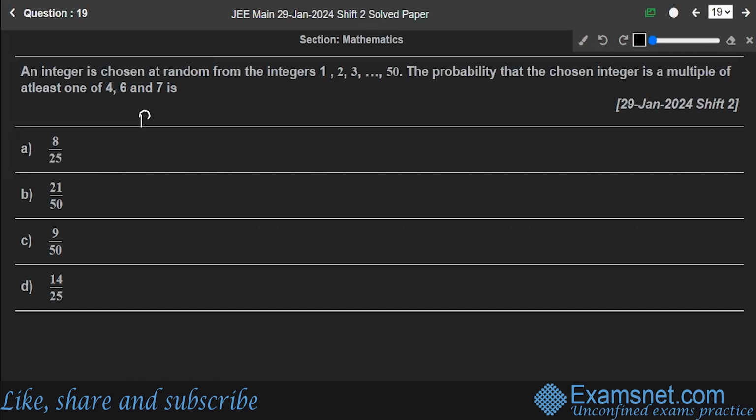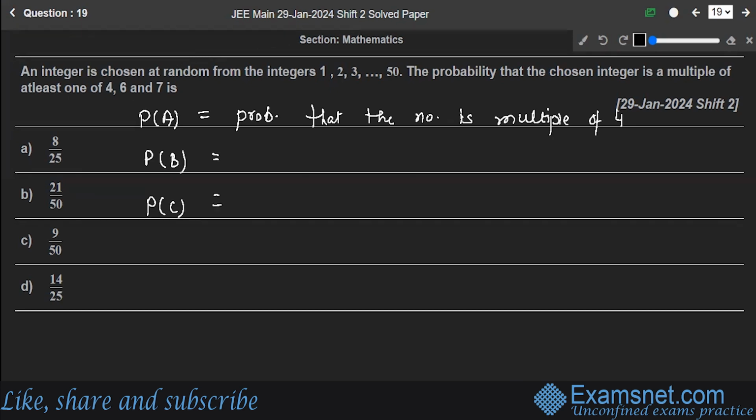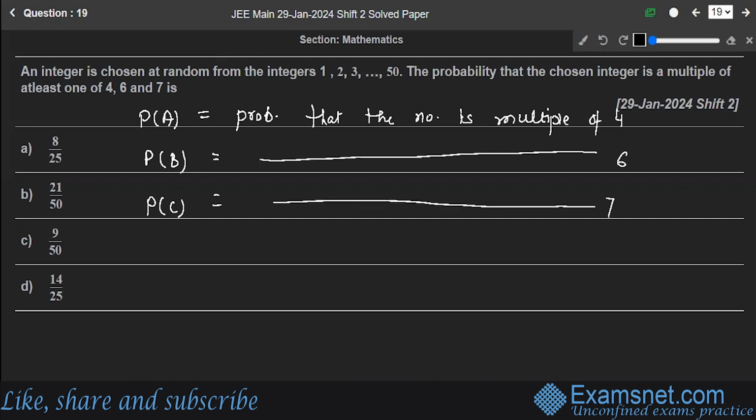So first thing, let's say P(A) be the probability that the number is a multiple of 4, and P(B) the probability that the number is a multiple of 6, and P(C) for 7.